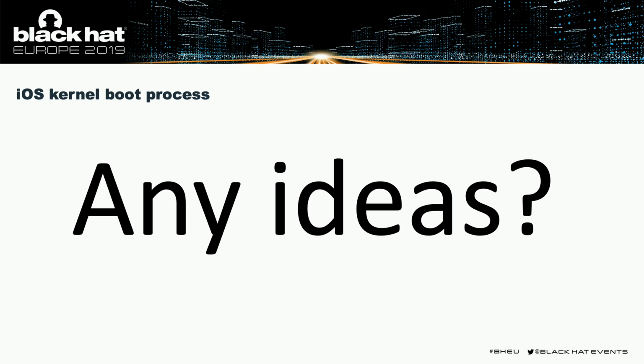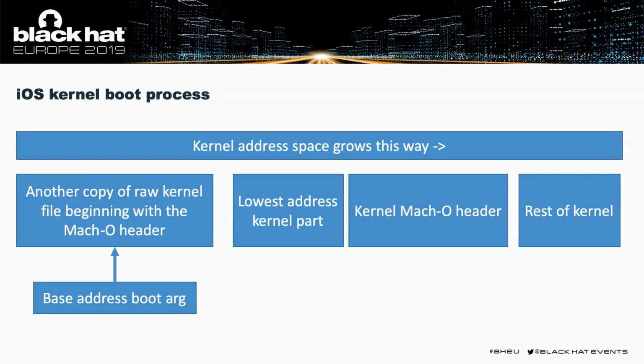After a few attempts, we actually tried this solution. We stayed with all the loaded different kernel sections, loading them to the same place, but we also added into the emulated device's memory another copy of the raw kernel file that we extracted from the software update. This raw kernel file begins with the kernel macro header.